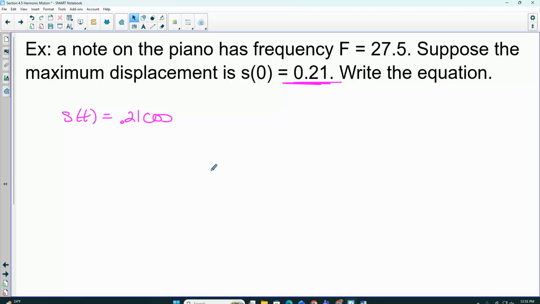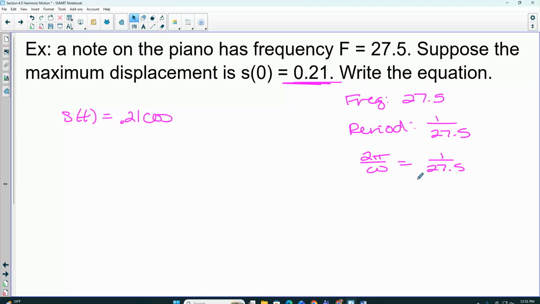So we have a 0.21 cosine. Okay, frequency is 27.5. That means, what is the period? So think about how we find period. 2 pi divided by the number in front of t is equal to the period. So that means my omega is 55 pi. So it's 0.21 cosine 55 pi t.